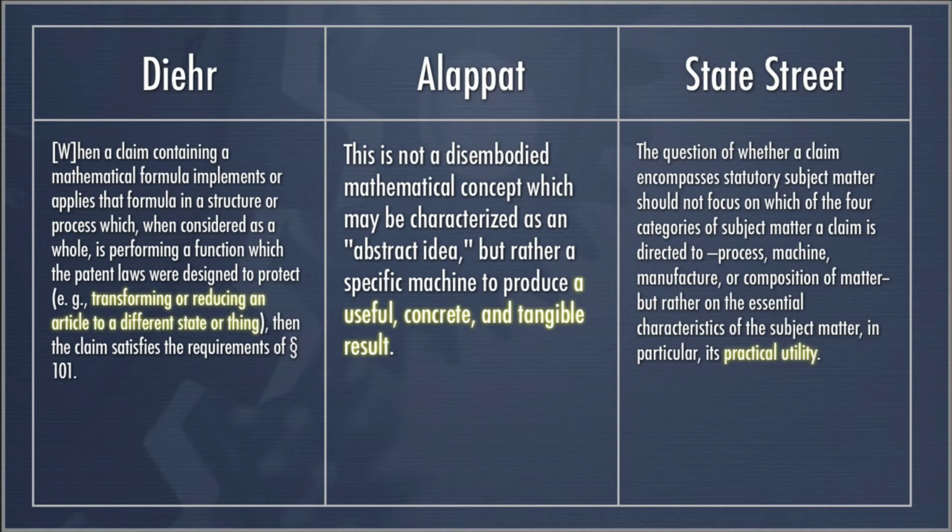And so what the court in State Street is saying is that as long as your algorithmic claim, or frankly, as it says, any kind of claim, has a practical utility, it's not vulnerable under Section 101 as an abstract idea. And again, this is a move even beyond Alappat. And the question to ask yourself is, is this at all consistent with the Gottschalk and Diehr line of cases?